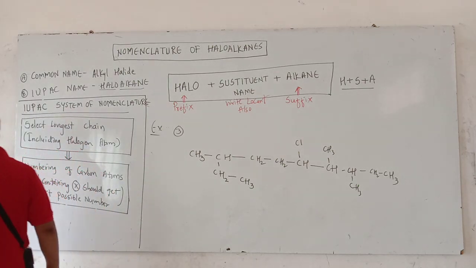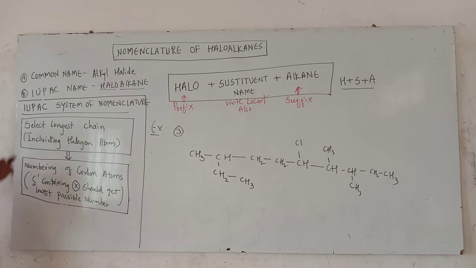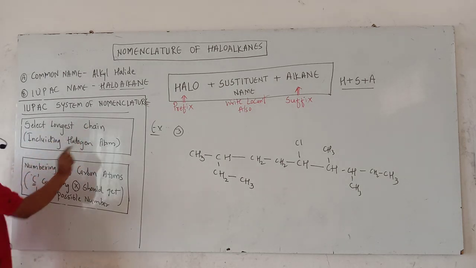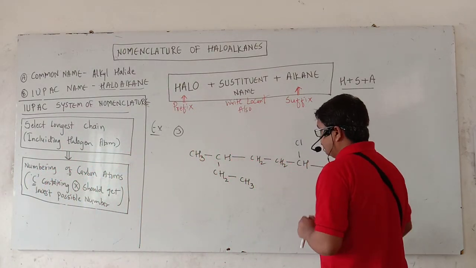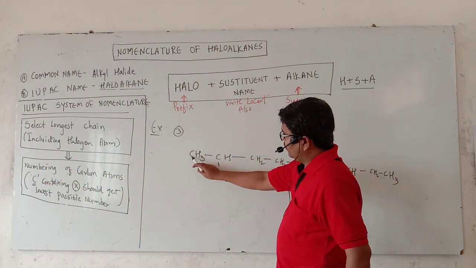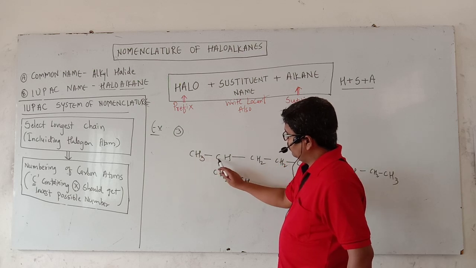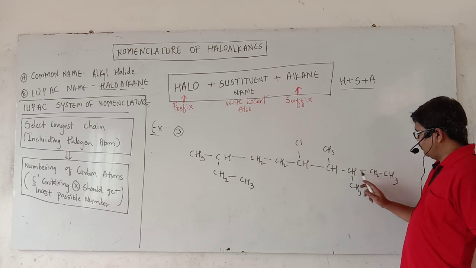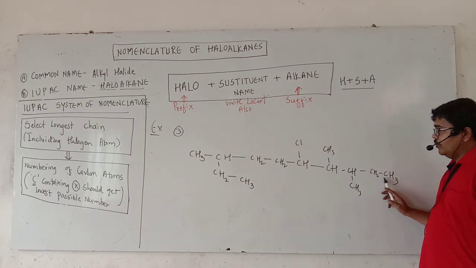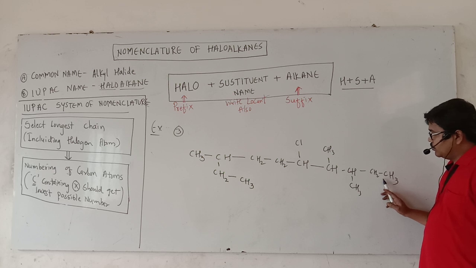What is first step? Select longest chain, including halogen atom. Okay. Now, how to select the longest chain? See, if I consider this chain 1, 2, 3, 4, 5, 6, 7, 8, and 9. It will contain 9 carbon atoms.